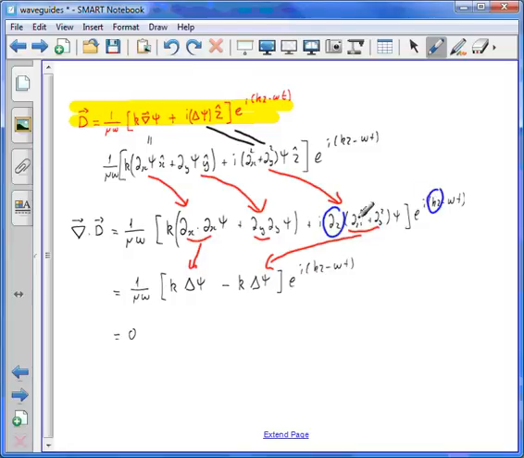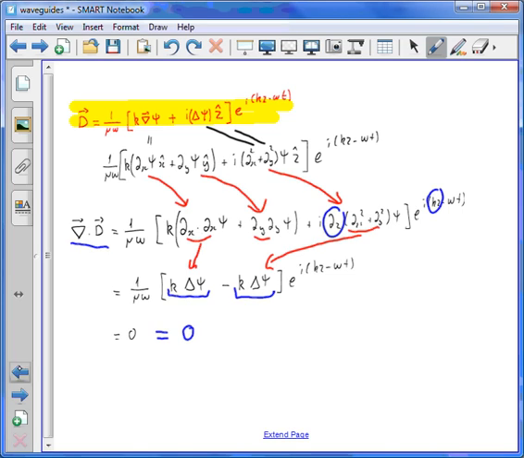So ik times i is minus k, so I get minus k Laplacians of psi, and so what I have is k Laplacian of psi minus k Laplacian of psi, which is equal to 0. So indeed, the divergence of D is equal to 0.